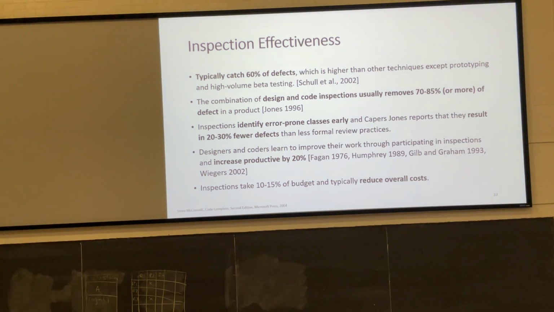If you're doing beta testing with 3 users compared to hundreds of thousands of users, it's not going to be the same thing. When you inspect design and code together, it removes about 70 to 85% of defects in a product. Inspection helps you identify error-prone classes early.